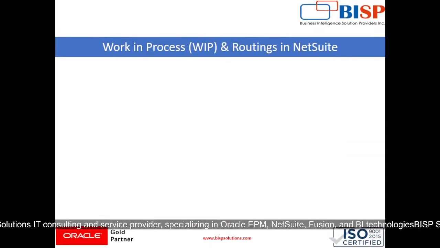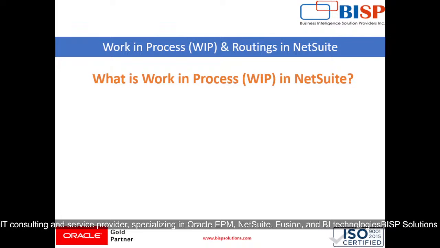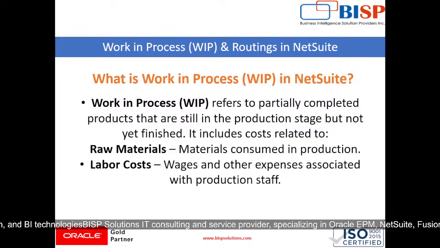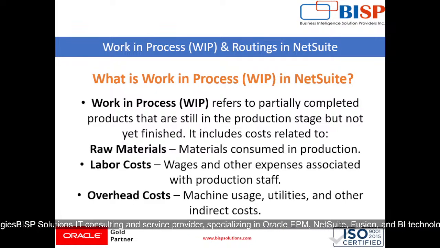So work in process and routing in NetSuite. What is work in process in NetSuite? It refers to partially completed products that are still in the production stage but not yet finished. It also includes costs related to raw materials, which is materials consumed in production, labor costs, wages and other expenses associated with production staff, and overhead cost, which means machine usage, utilities and other indirect costs.